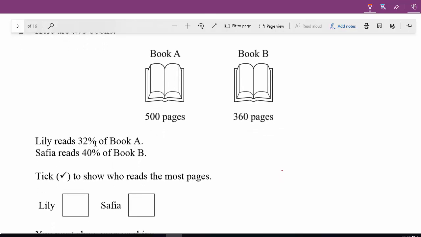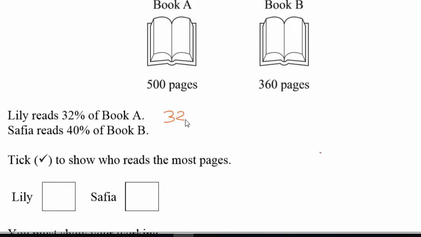Lily reads 32% of book A. Safia reads 40% of book B. Okay, to find 32% of 500 pages, because this one is for book A, 32% of 500 is like 32 times 500, then divide the result by 100, that gives 160. Or you can simply remove two zeros, then 5 times 32 is 160.